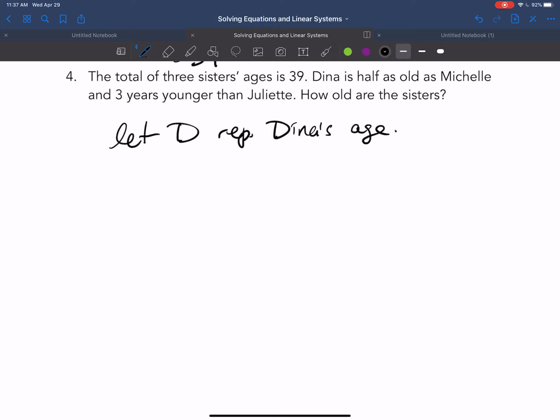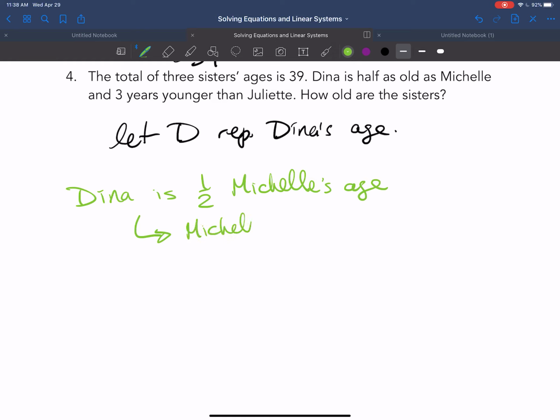Dina is half of Michelle's age. Or another way to say that is that Michelle is 2 times Dina's age, or 2D.